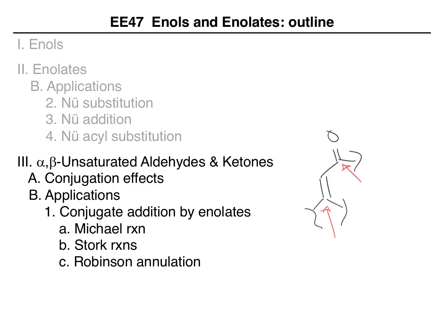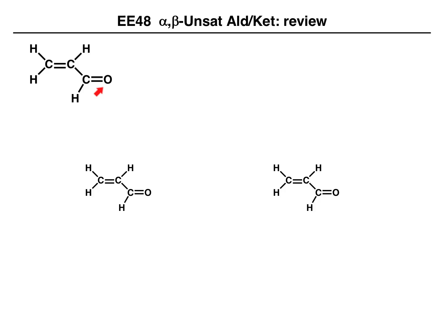We'll be starting with the Michael reaction. So here we have an example of an alpha-beta unsaturated aldehyde, and we need to admit that we get a little bit crazy when it comes to naming and numbering because there are particular rules for IUPAC naming of this compound, but then there are other ways that we refer to this. If we focus on the carbonyl, then the position adjacent to the carbonyl is the alpha position, and then this is the beta position.